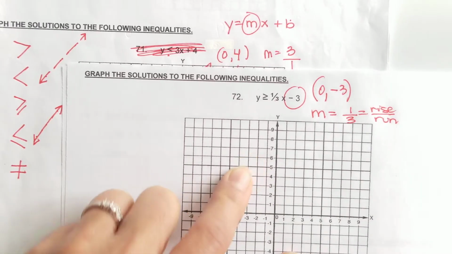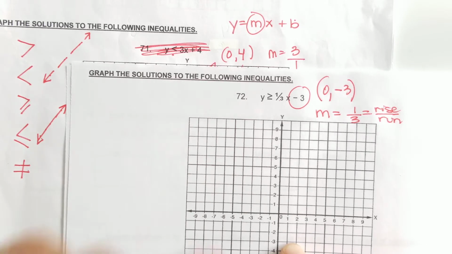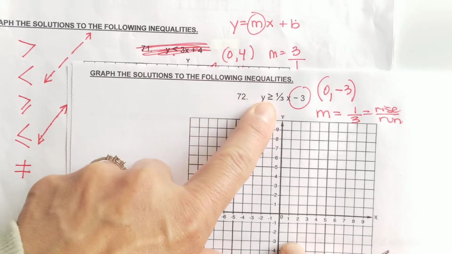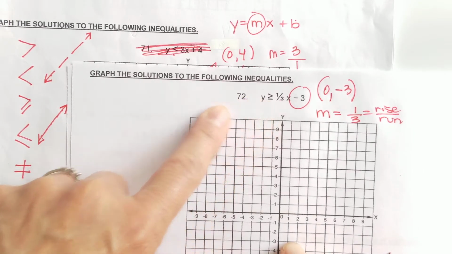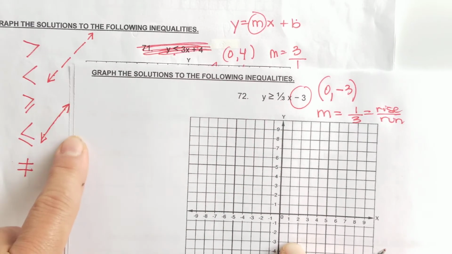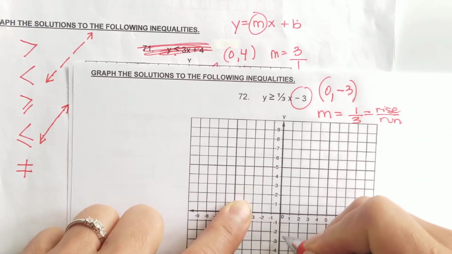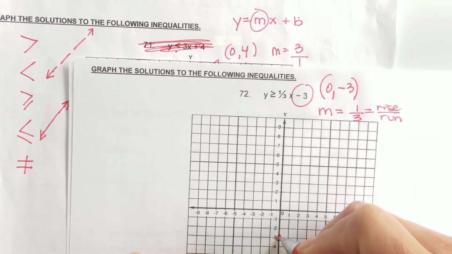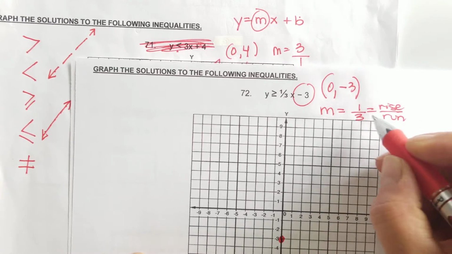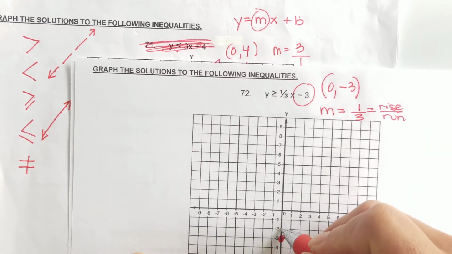So let's go ahead and plot that point. First of all, let's look at this inequality sign. It's greater than or equal to, so it's going to be a solid line right here. So let's plot our point (0, negative 3). And then we're going to rise 1 and run 3.